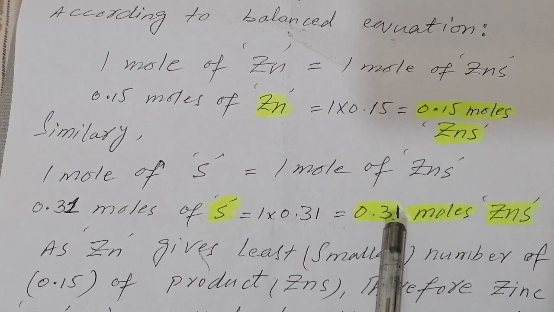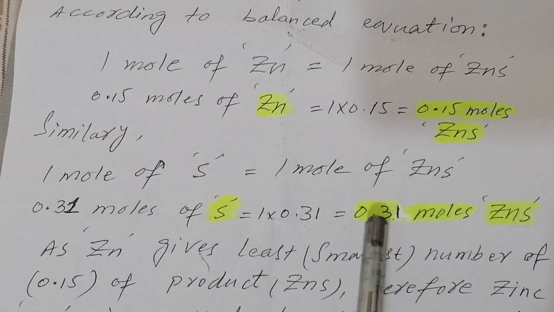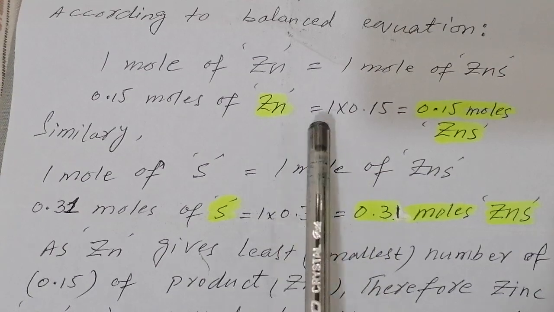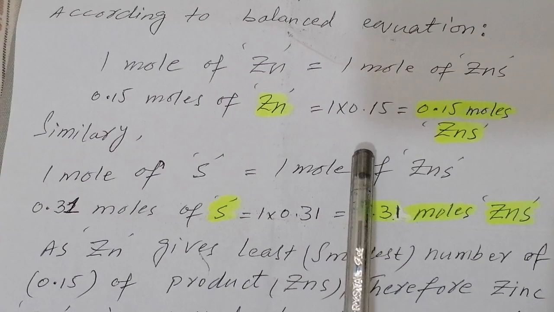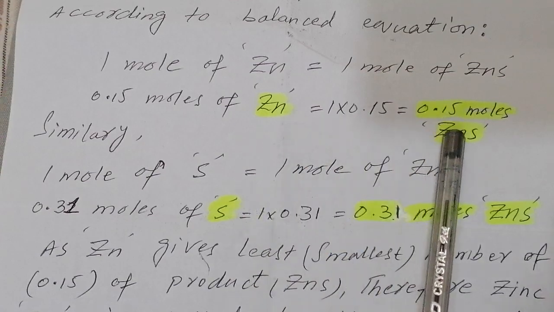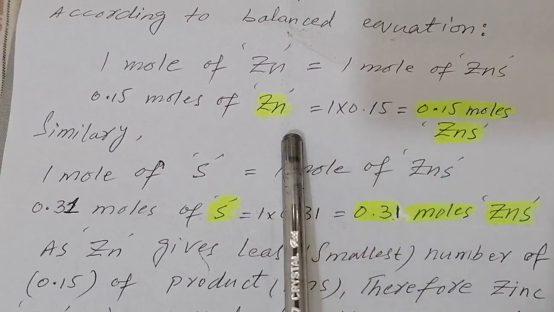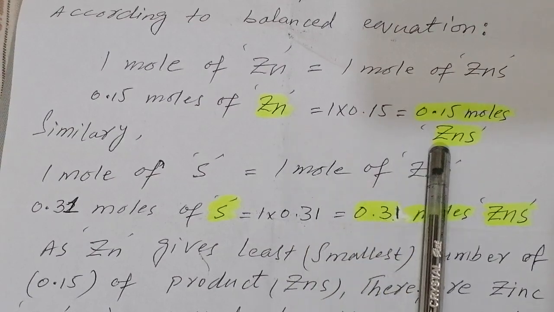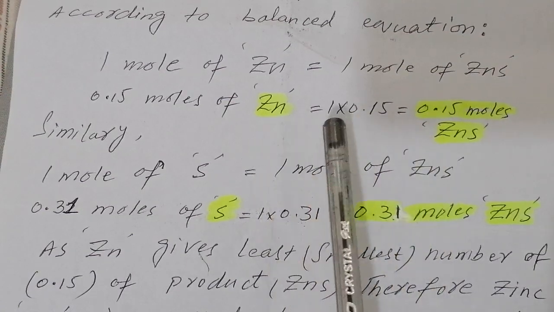Now we can easily identify which one is called the limiting reactant. We know that the reactant which produces the least number of moles of product is called the limiting reactant, and it is clear that zinc produces the least number of moles of product. So zinc will be called the limiting reactant, and this is the first part of our question, that we have to find the limiting reactant.